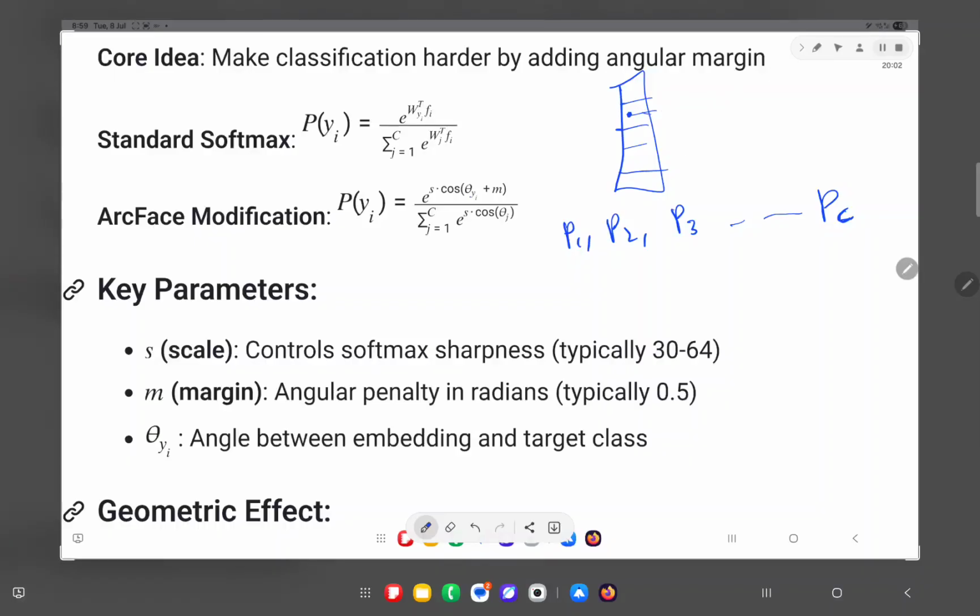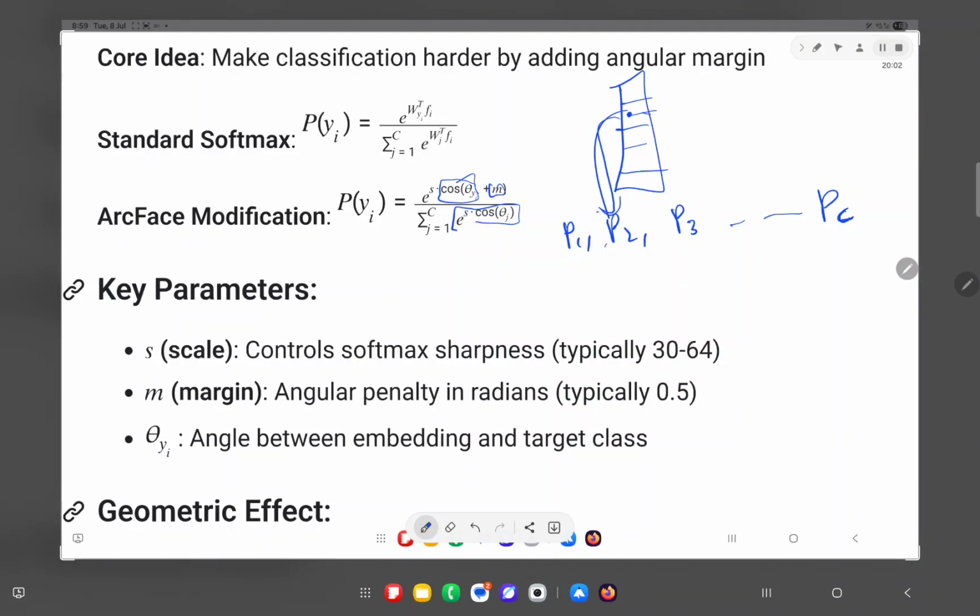This one has some ID, suppose P2. So we have the cosine similarity, cos theta I, the similarity between these things, and m is the margin, and in the denominator we just have normalization.